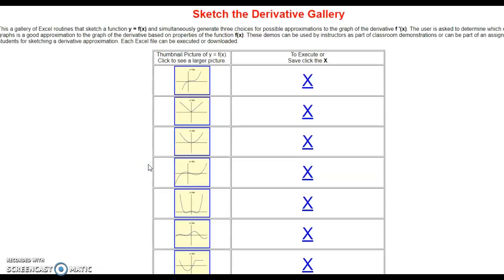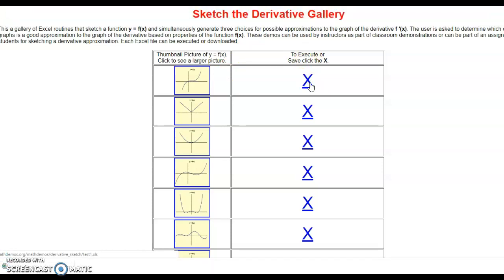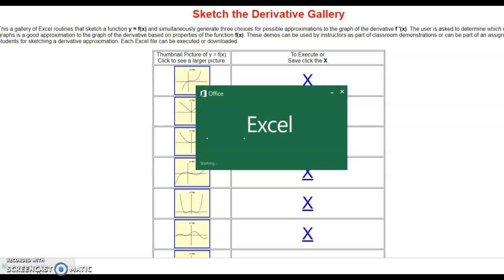Here's some other things to do to help you for sketching the derivative. This one actually, when you execute it, it brings you to an Excel file, which helps you to see what these look like. I'm going to open it up in Excel.